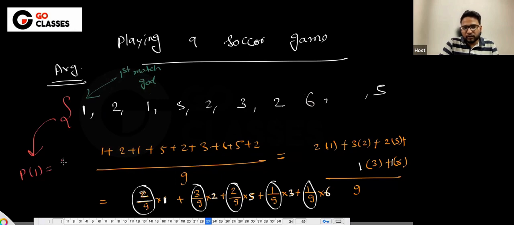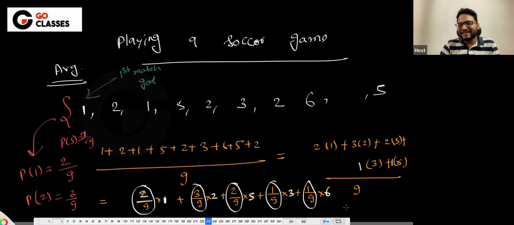How many times 1 is coming? 2 times upon 9. Tell me the probability of 2. Probability of 2 will be how many times 2 is coming? 3 times upon 9, right? Tell me the probability of 5. How many times 5 is coming? 2 times, like this. So basically what you did, you actually calculated the probabilities and then you calculated the expectation.